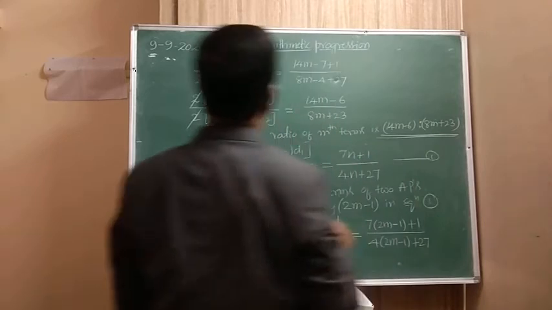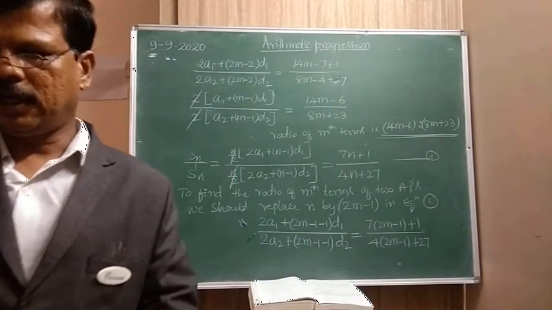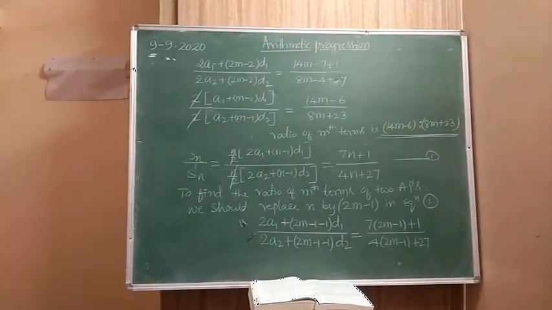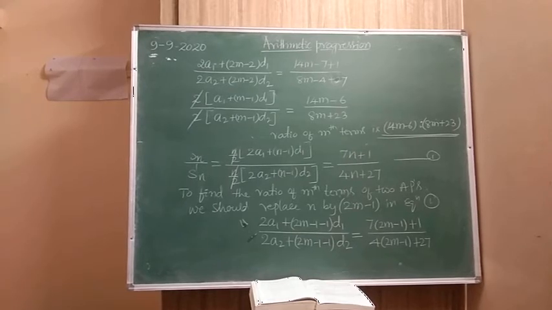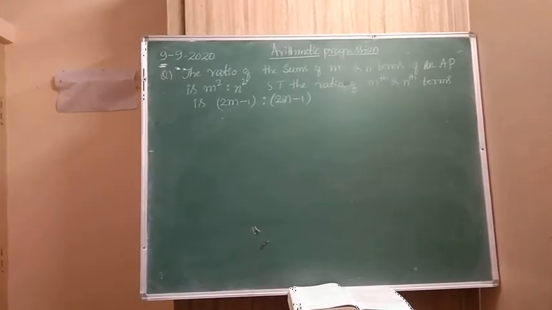Clear? So, I think you did not understand this. You just go through the videos and then pause it wherever you do not understand. And now see the next question.